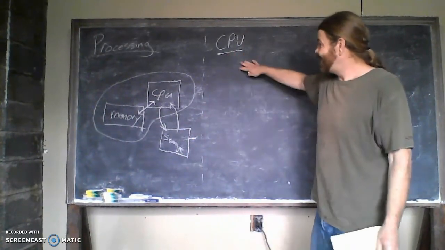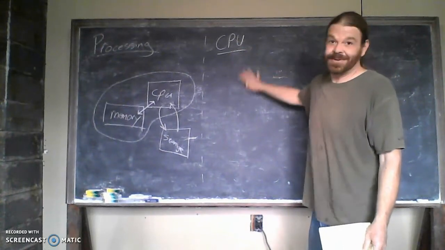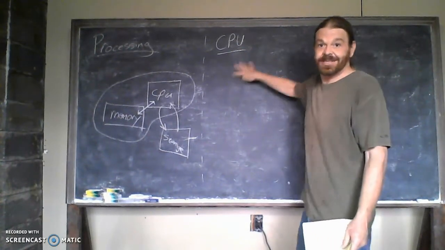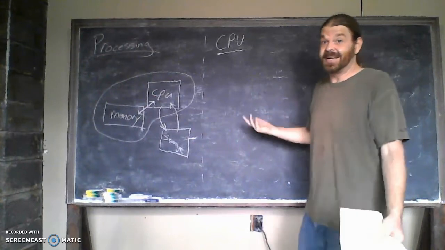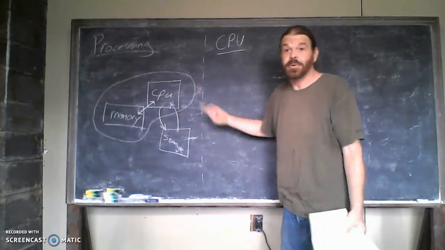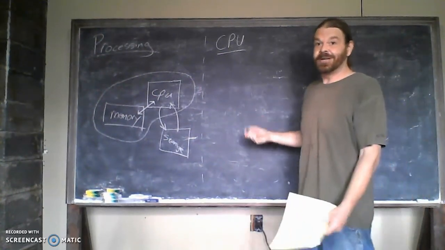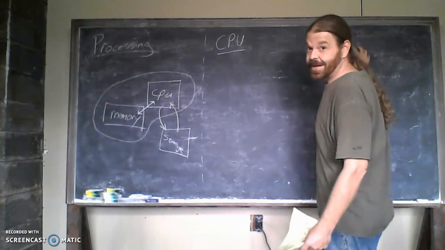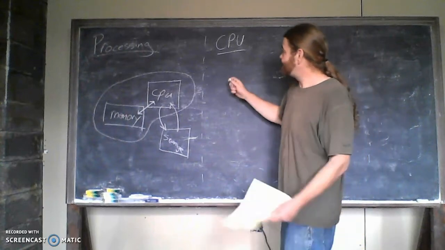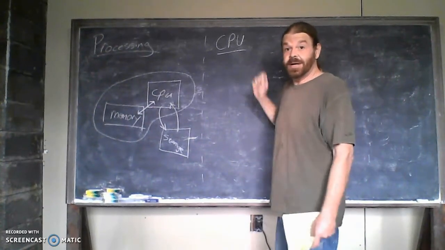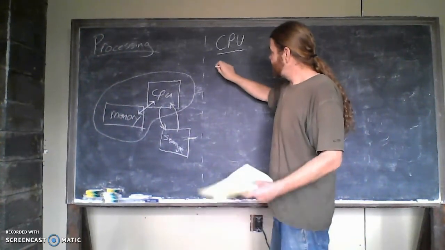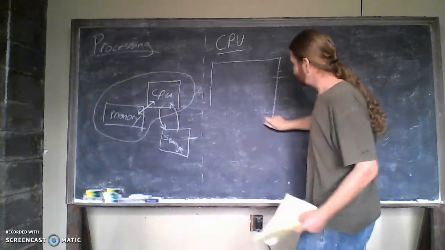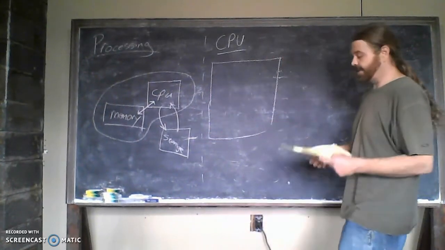So like here, this picture I'm getting ready to draw is what's going to show up on the quizzes and stuff, which is just a list of the pieces inside the CPU. The next picture I draw is starting to get into deeper understanding. That's what you'll need in the long run for your degree. But for now, we need to know what pieces are in there. So there's going to be a few. I'll draw it in a box here, just to kind of keep the picture thing going.